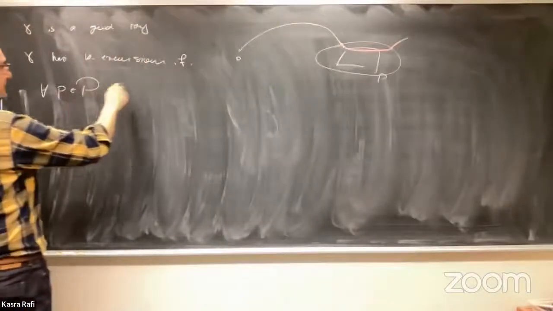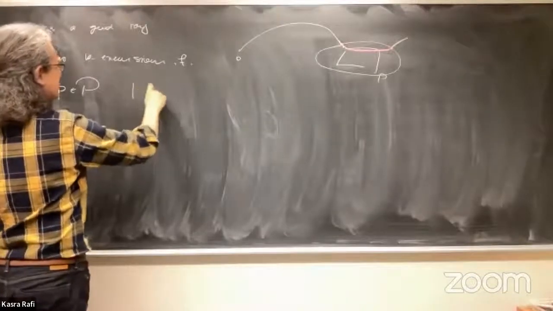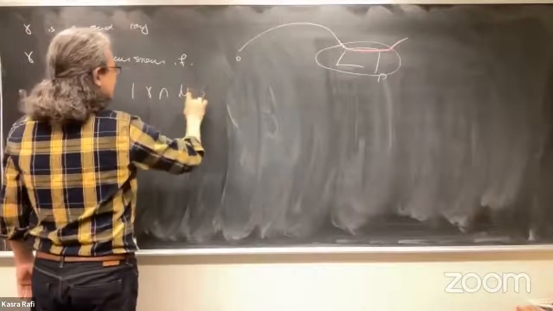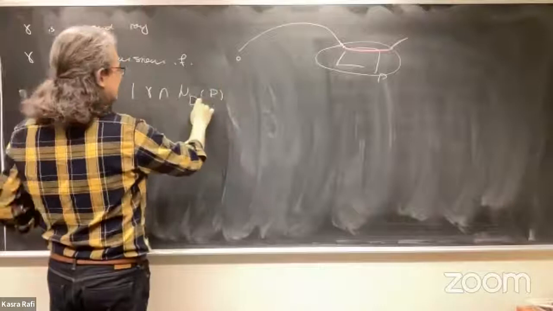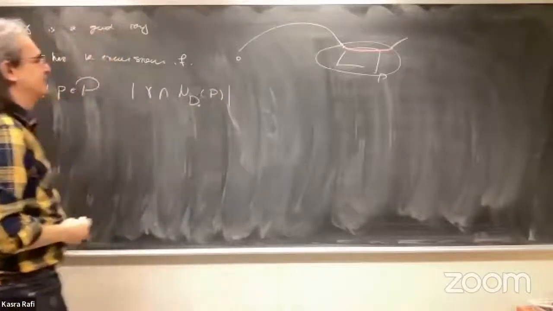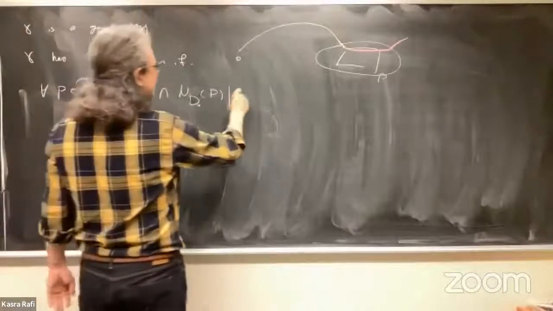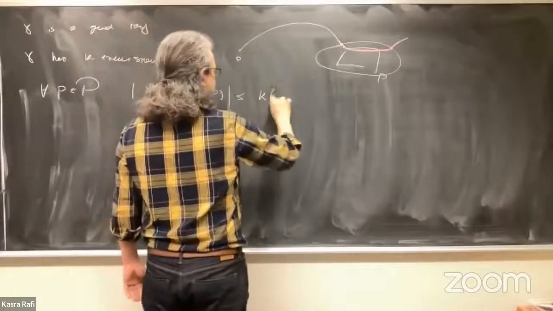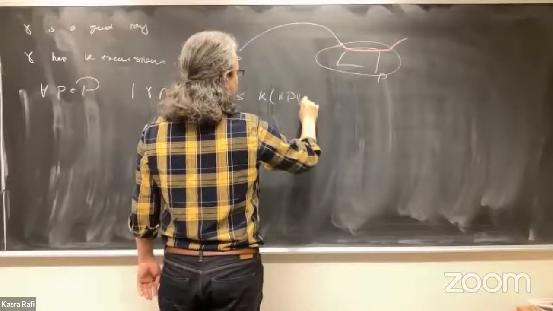So I want to say the length of gamma intersect the D neighborhood of P, where D, maybe I should call it D0, is some fixed uniform constant, is bounded by kappa of the norm of P in G hat.